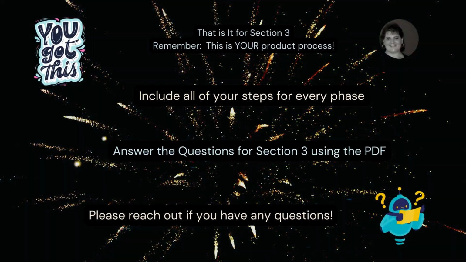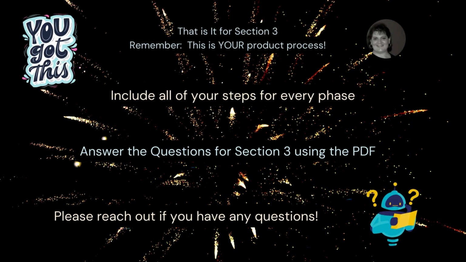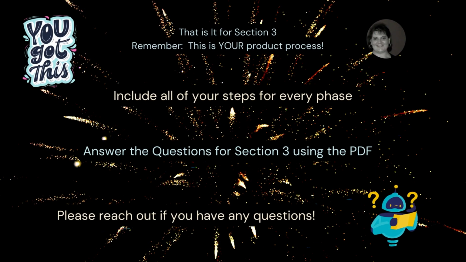And you have now completed Section 3 instructional video. Now remember, this is your product's process. It doesn't matter how long it is, but you just need to include all of your steps for every single phase. Even if you go past A through Z and you develop an A.A through Z.Z, you need to label each phase clearly.